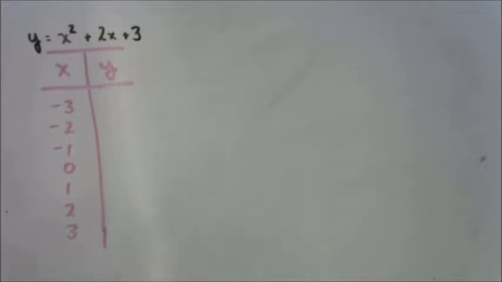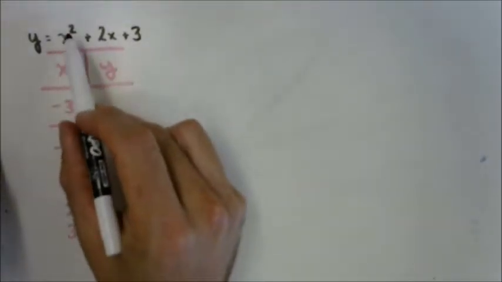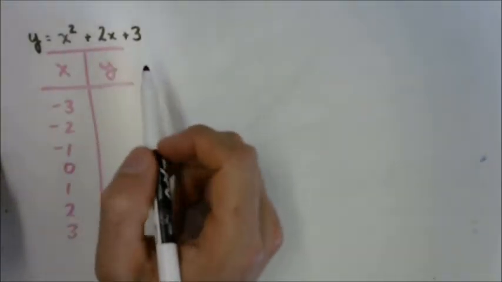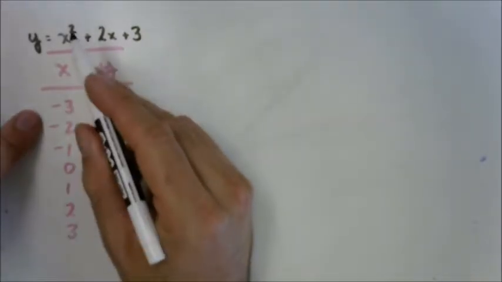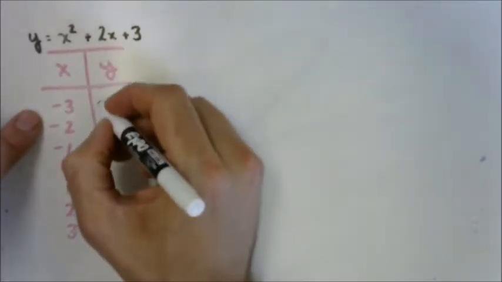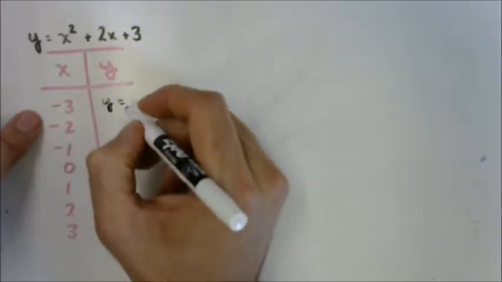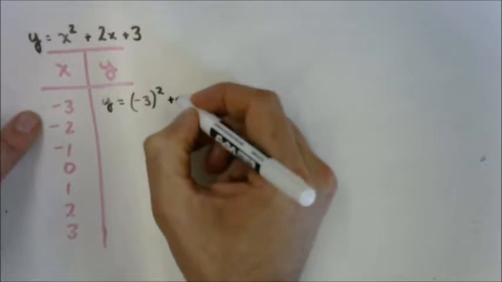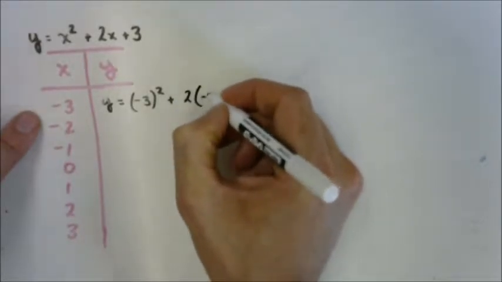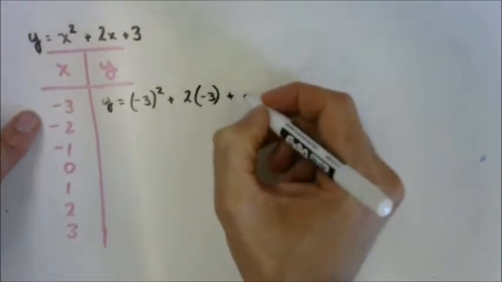Okay, because this one looks a little bit tricky, in standard form we have x squared plus 2x plus 3. And we're going to see what that looks like when we sub in -3 for x. So over here in this column we would have y equals (-3) squared plus 2 times (-3) plus 3.